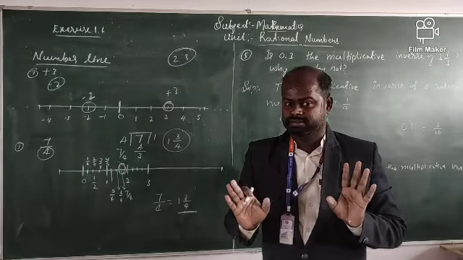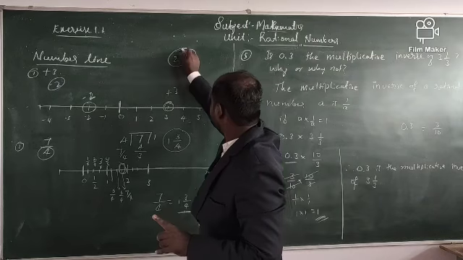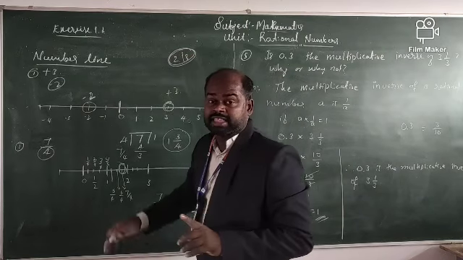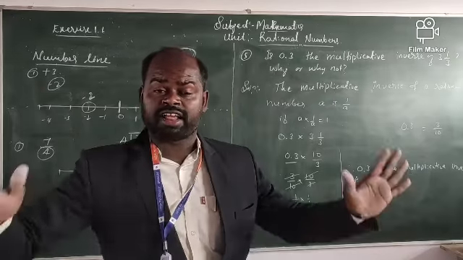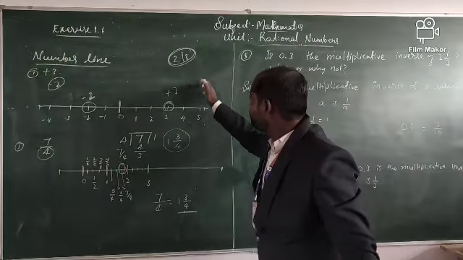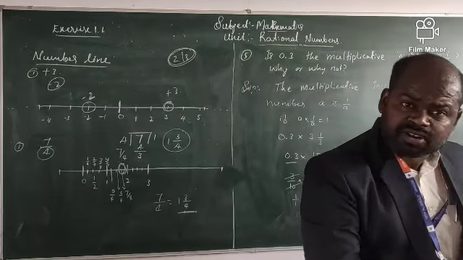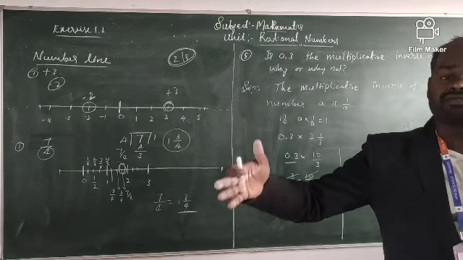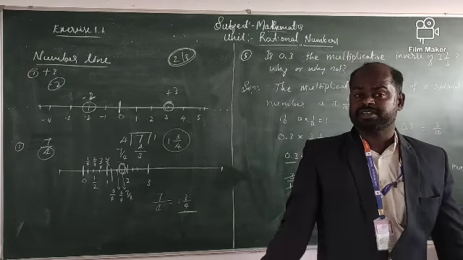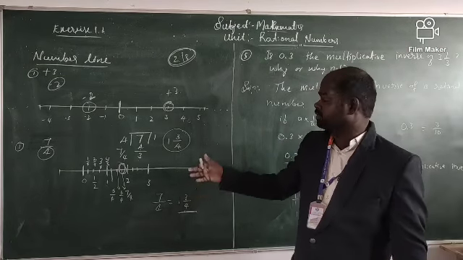Your answer is wrong. In between 2 and 3, there are plenty of rational numbers. There are uncountably many rational numbers between 2 and 3, or in between any two numbers, infinitely many rational numbers.